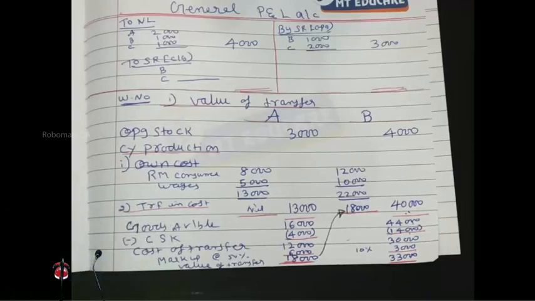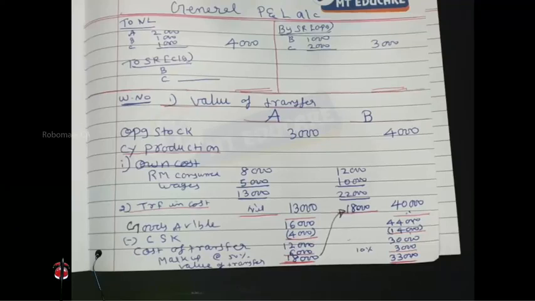Closing stock of department B, how much? 14,000. In that 14,000, you have both own cost and transfer from A. Own cost does not have any profit margin. Profit margin is there only for transfer from A. Could you appreciate that?